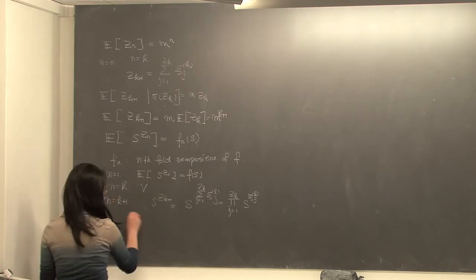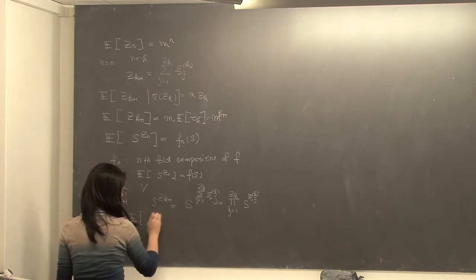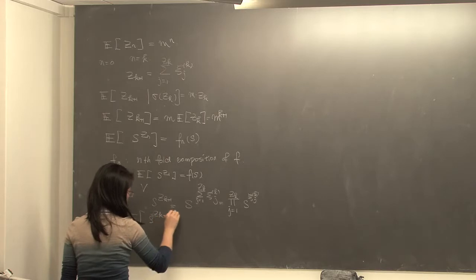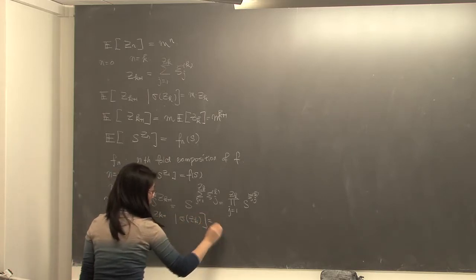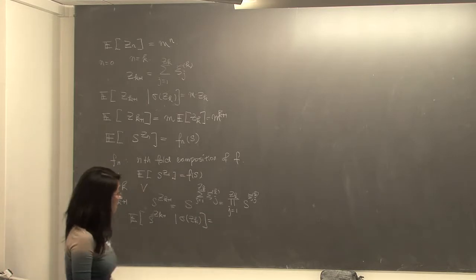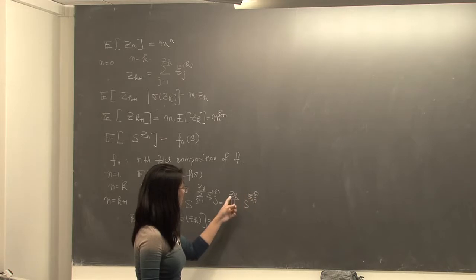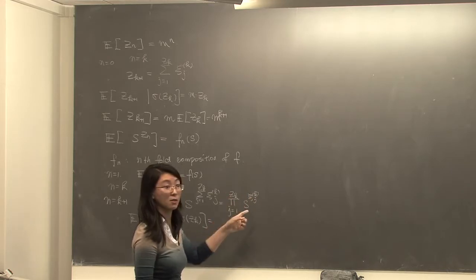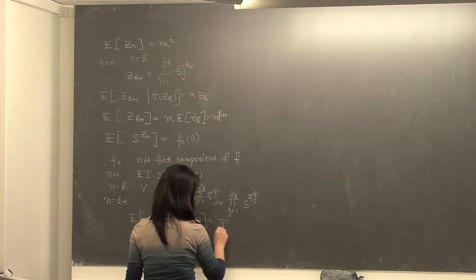And now we take conditional expectation, given the information of Z_k. Then we know the conditional expectation, because these random variables are independent of Z_k and they are independent of each other. So this is a product over Z_k.